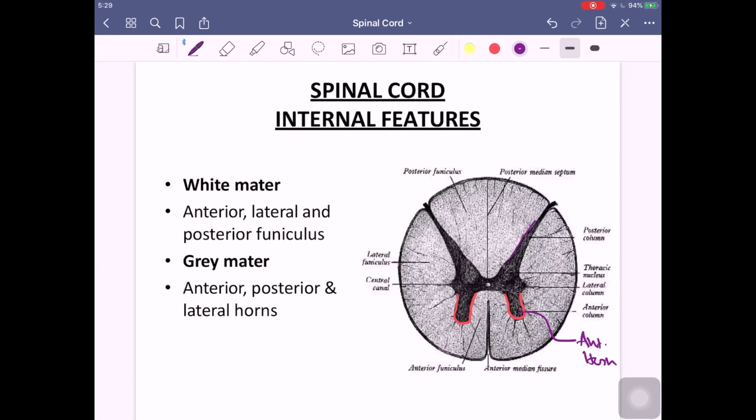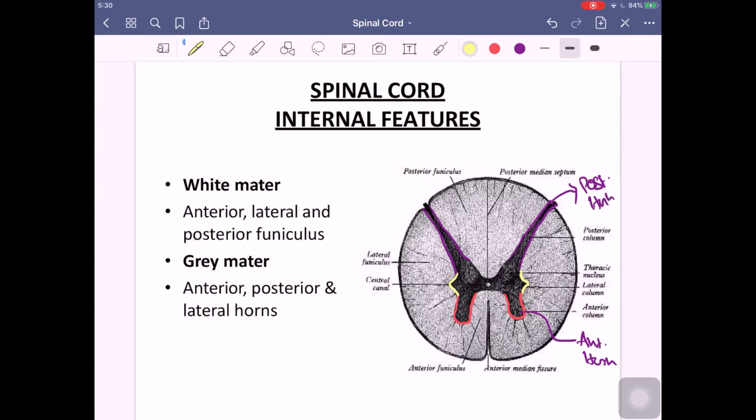Now you also see the long and slender one; you have one more horn on either side, and these are your posterior horns, also called the dorsal horn or sensory horn. These are the right and left posterior horns. In between you also have this extra portion, and these are your lateral horn or intermediate horn.